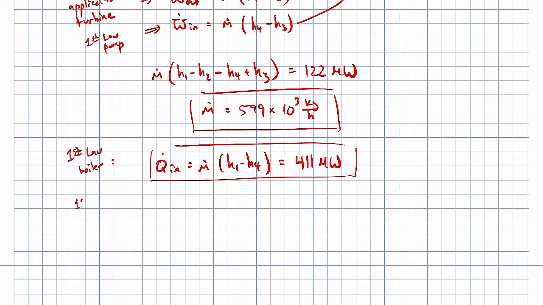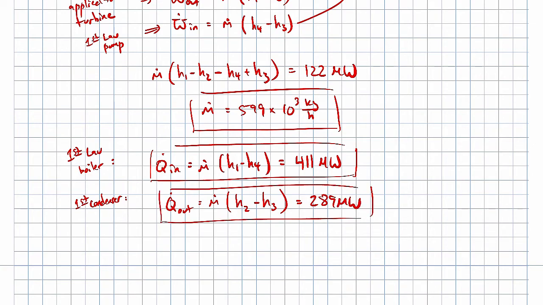And we can do the first law to the condenser. If you want the details for applying the first law, I'll have them in the PDF of the solutions, so you can take a look at that. So Q dot out will be H2 minus H3, and that number comes out to be 289 megawatts.